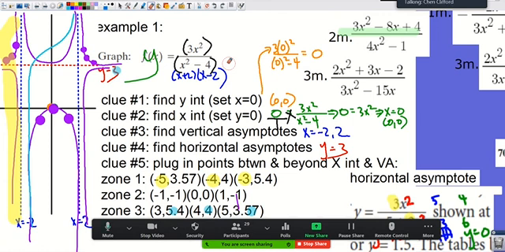Now, when you're done putting that in, I want everyone to press second window. Second window is on the top left. You're going to press second window to access table set. Then scroll down to where it says independent, and have it on ask.